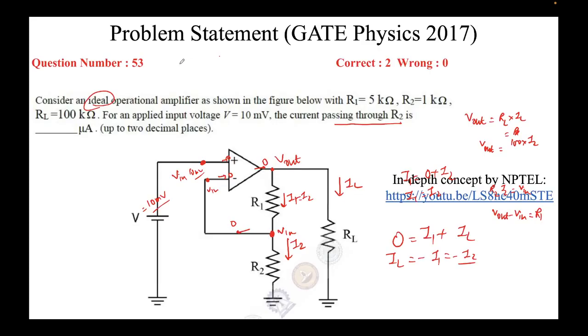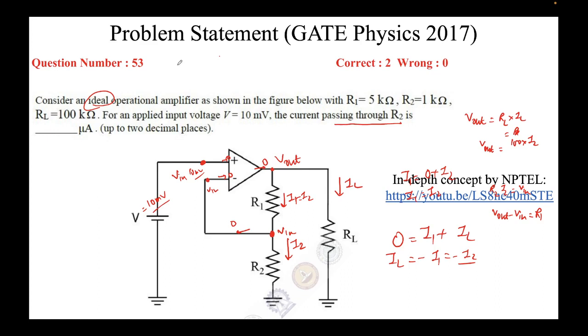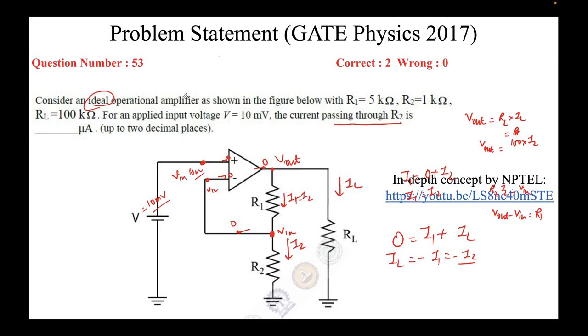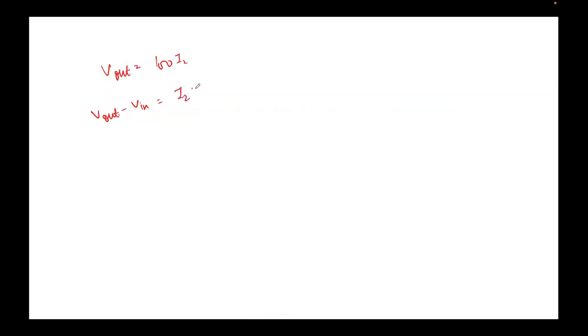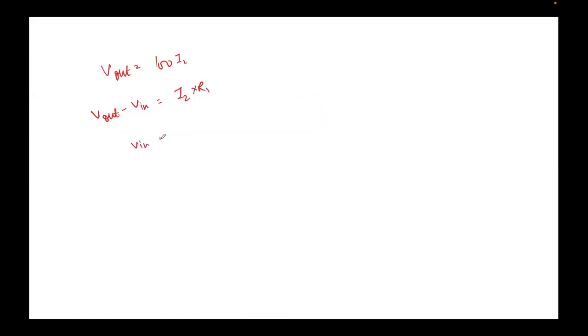So what we got was V out was 100 times I2, and the second expression was V out minus V in equal to I2 times R1. The third expression was V in equal to I2 times R2.